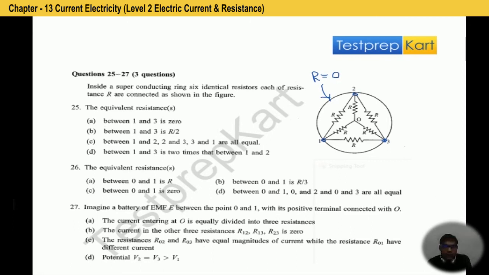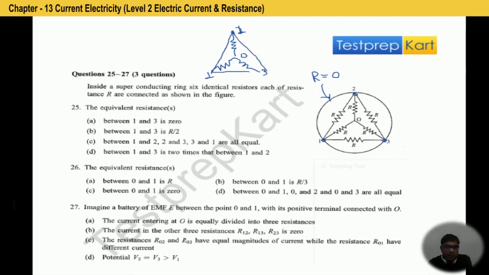So net resistance between these points is 0. So we can draw a reduced circuit for this combination. There would be no effect on these resistances.